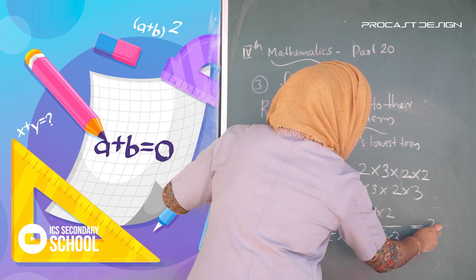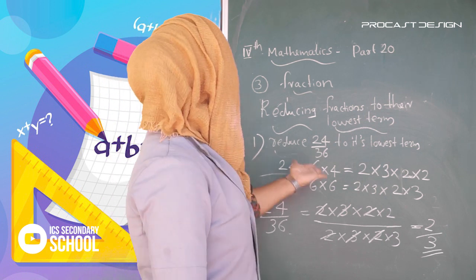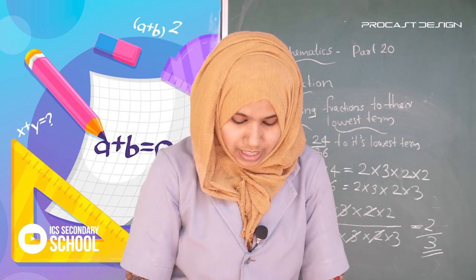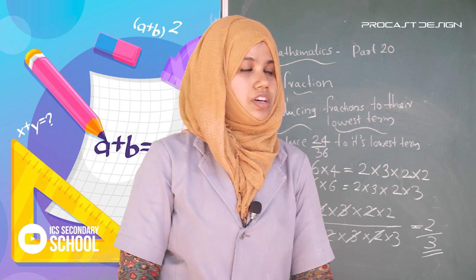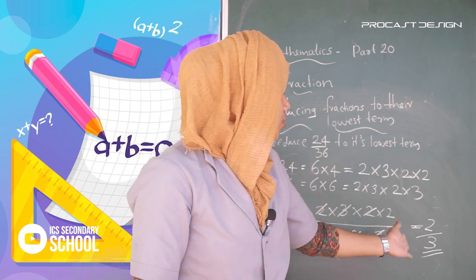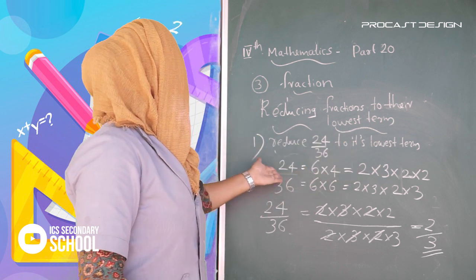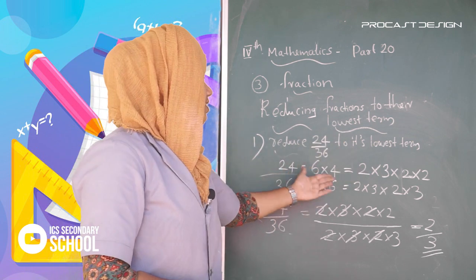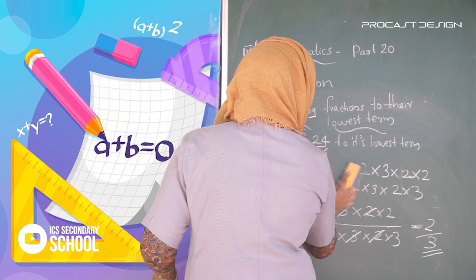So we get 2 by 3. 2 by 3 is the lowest term of 24 by 36. Is it clear? First, write the numbers as a product of prime numbers. Next, cancel the common factors.